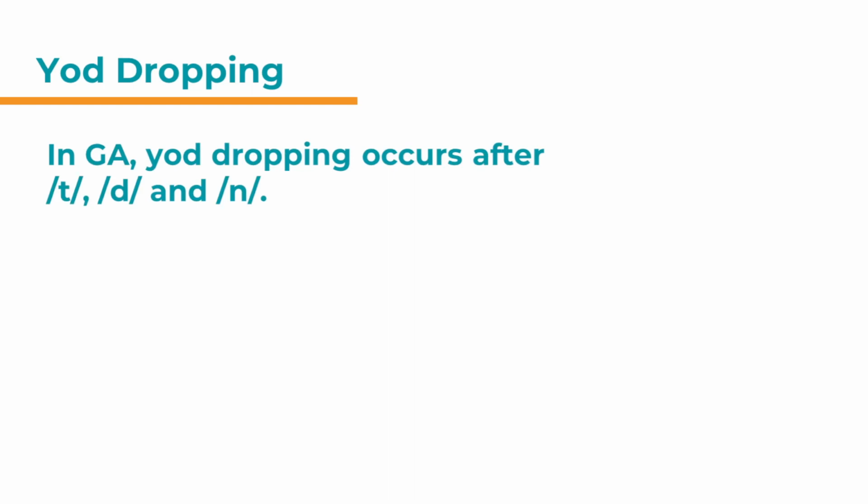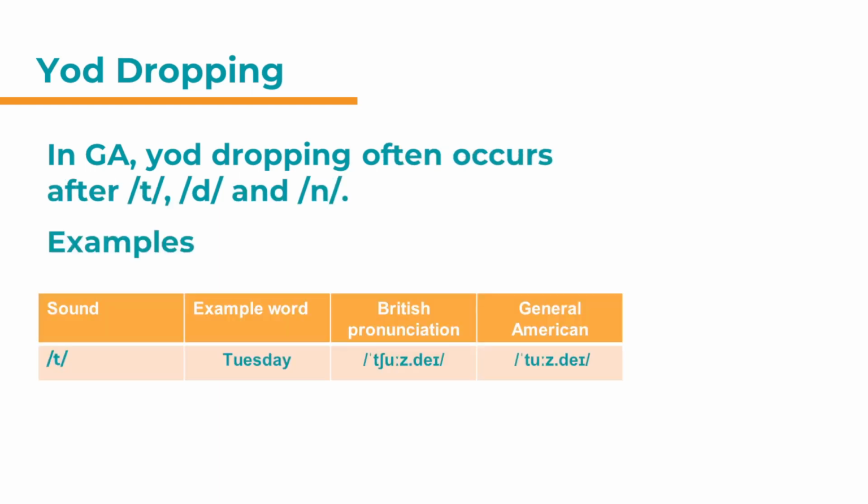Let's have a look at some more examples. So in GA, General American pronunciation, Yod dropping occurs after t, d, and n. And here are some examples. So first of all, for the sound t, we have another example word. We had already tune, but here we have the word Tuesday.